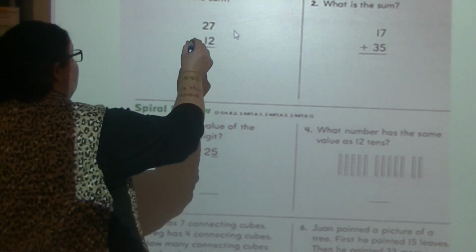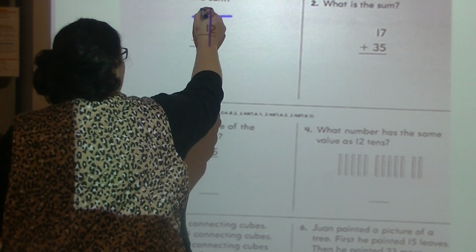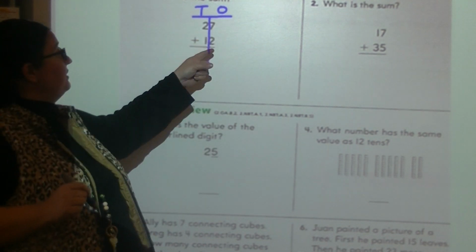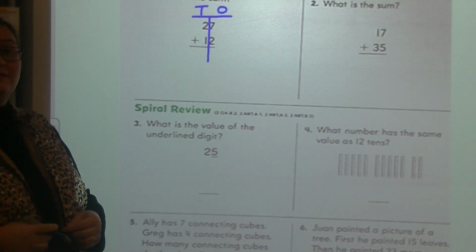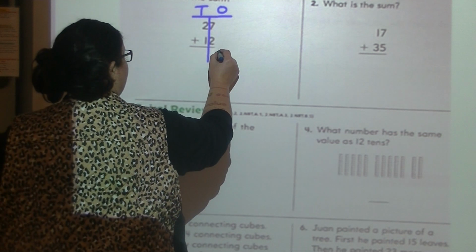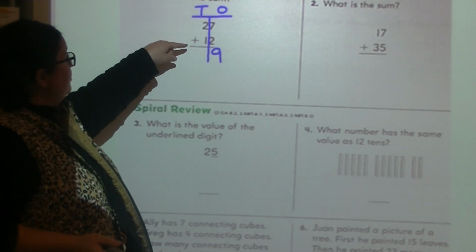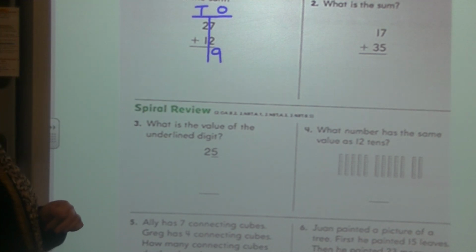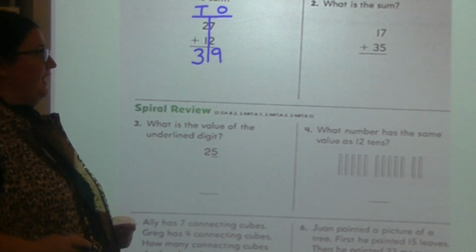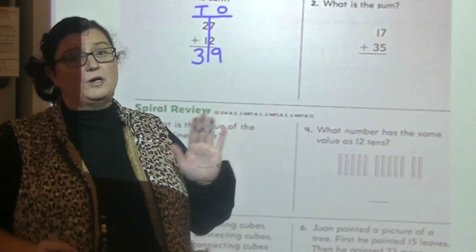So we can make our chart with our 10s and our 1s. 7 plus 2 equals 7, 8, 9. And then to our 10s. 2 plus 1 equals 3. Our answer is 39.